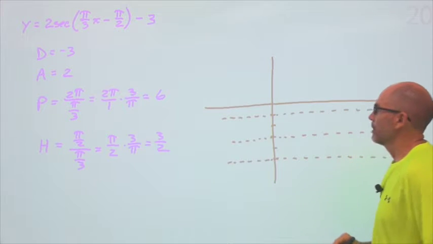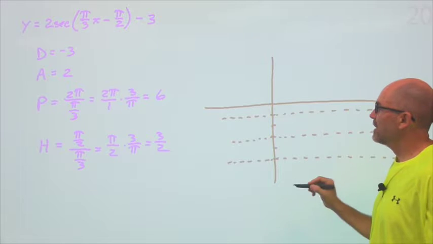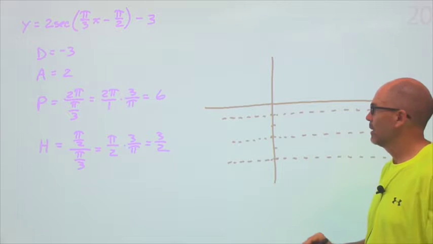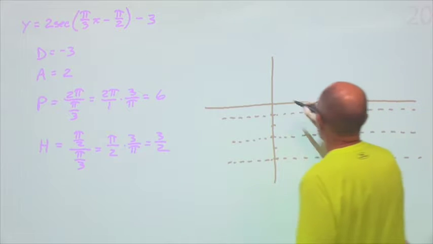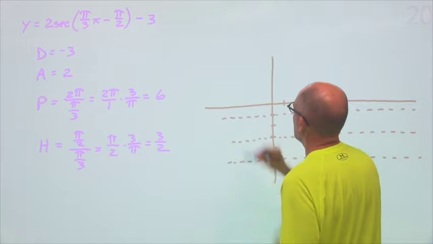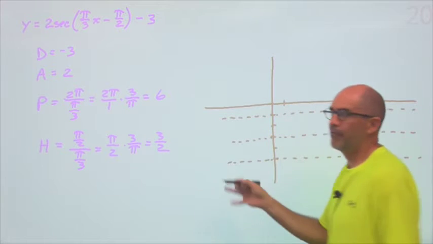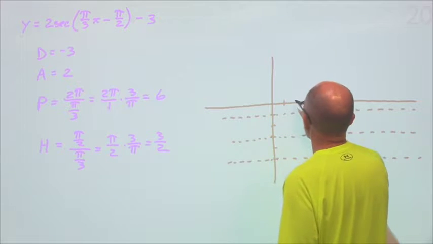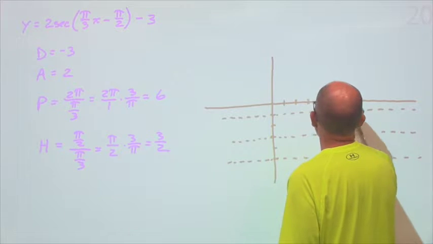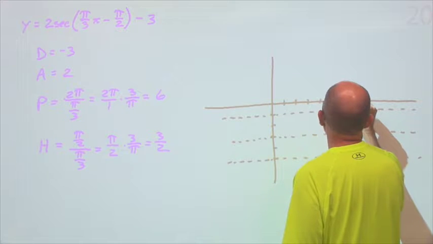Okay, next. The period is 6, but it's moved right 1.5. I didn't actually need to go, I was thinking left in my mind, but okay, I'm just going right 1.5. So here's 1.5, so there's 2.5, 3.5, 4.5, 5.5.